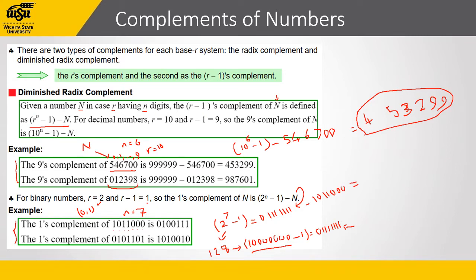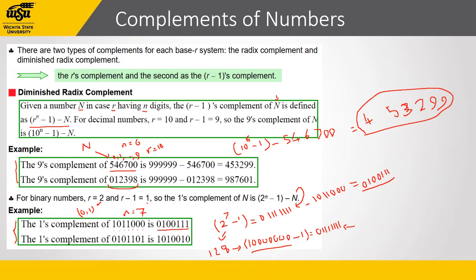So what's the result? We get 1, 1, 1, 0, 0, 1, 0. This is how we can come up with the R minus 1 complement of a binary number.